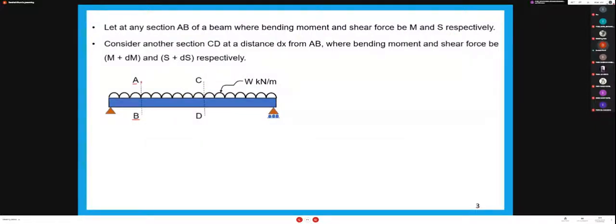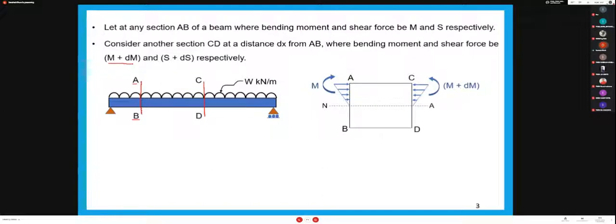Means at section AB in this particular beam, the bending moment value is M and the shear force value is S. Now consider another section CD at some particular distance dx from AB, where the bending moment changes to M plus dM and the shear force changes from S to S plus dS, means small changes in the shear force and bending moment, at section CD.